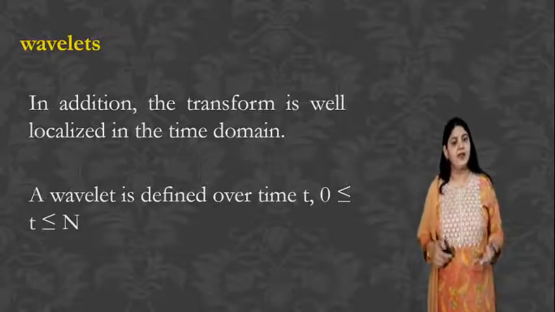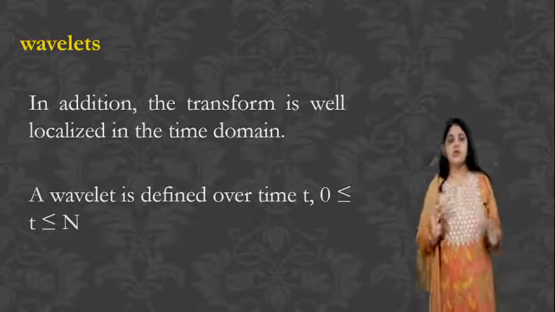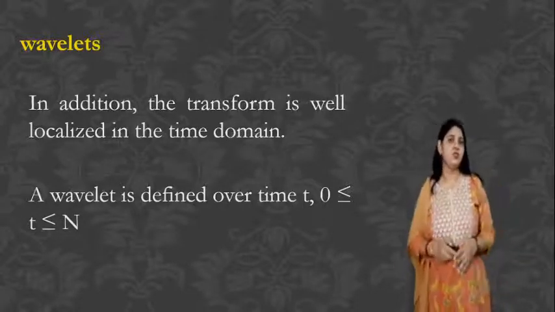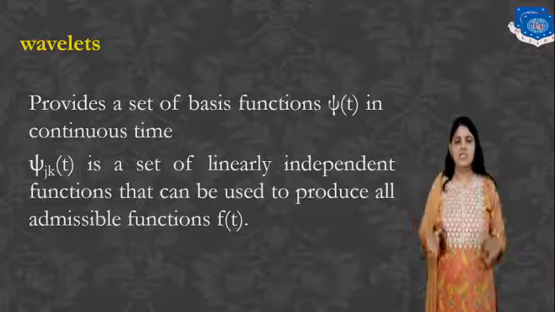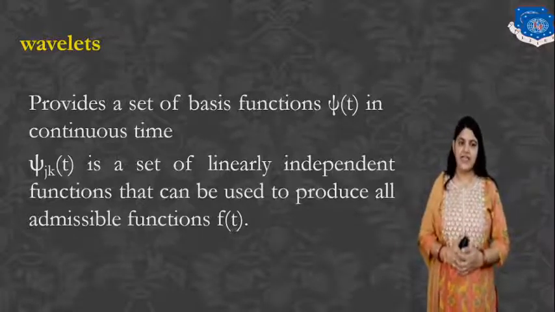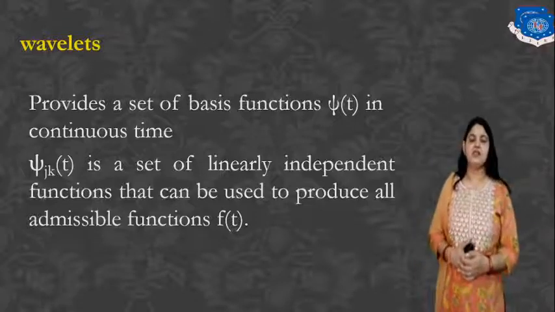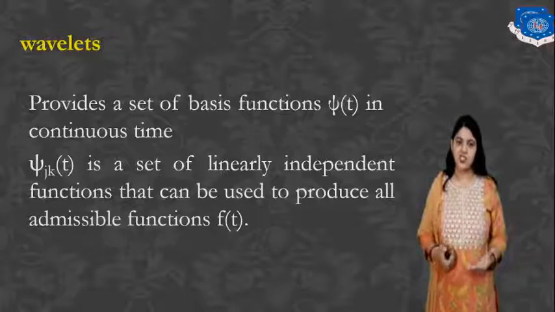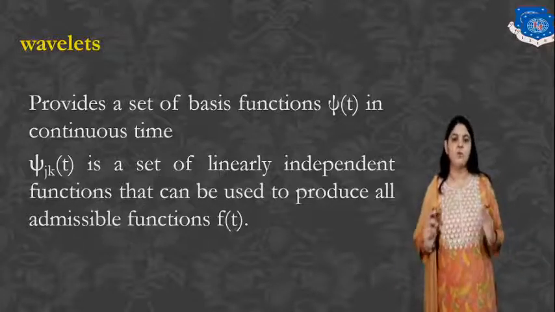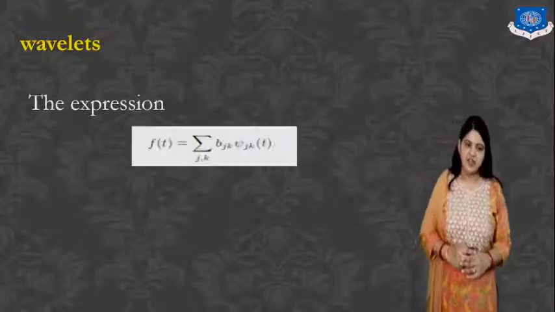So the wavelet can be defined over the time 0 less than or equal to t less than or equal to n. It provides the set of basis functions psi(t) in continuous time, and psi jk(t) is a set of linearly independent functions, which can be used to produce all the admissible functions f(t).